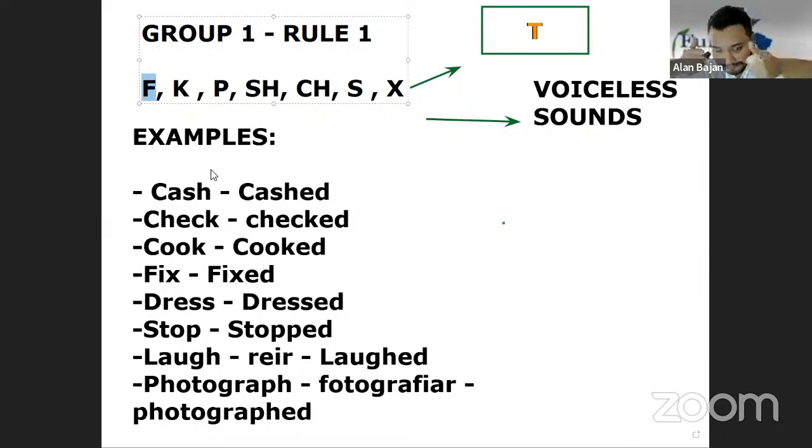Jerry? Teacher, cash is dinero. Yes. To cash means exactly to pay with cash.